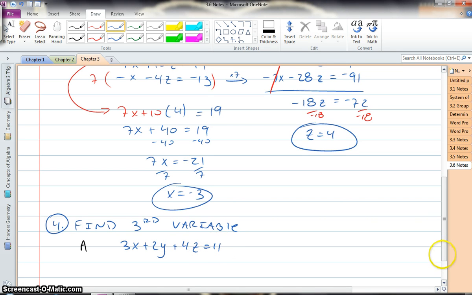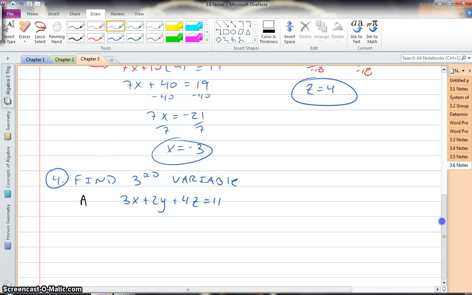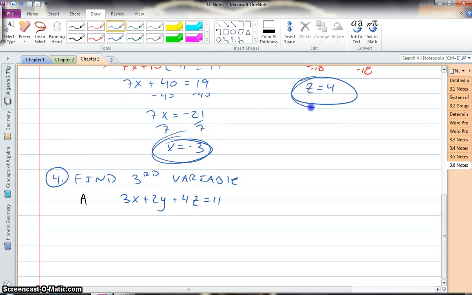Again, this is referenced from the top of the page, the beginning of the notes. We know x is negative 3, z is 4. So we have 3 times x, which is negative 3, plus 2y, because y is what we're solving for, plus 4 times z, which is 4, equals 11.